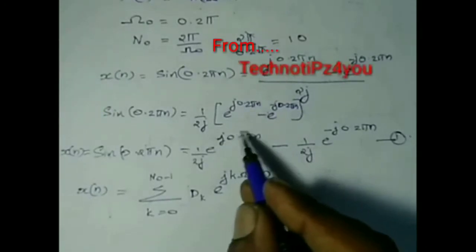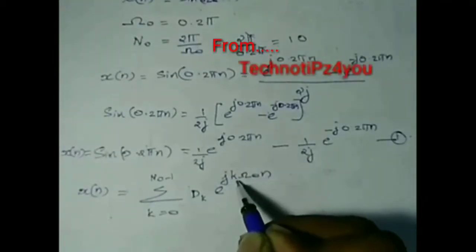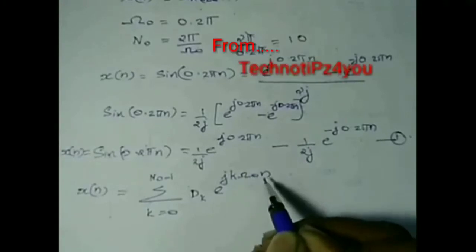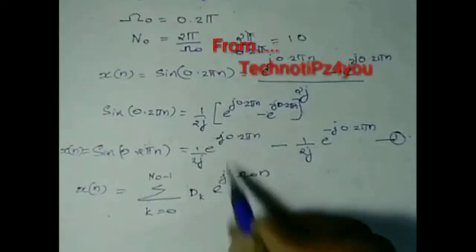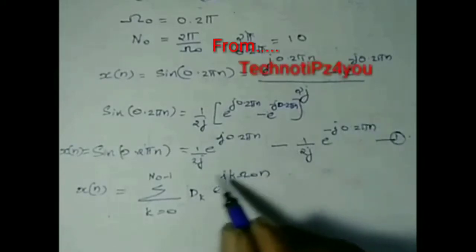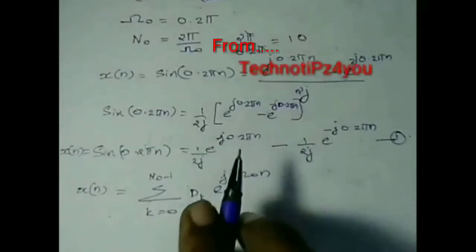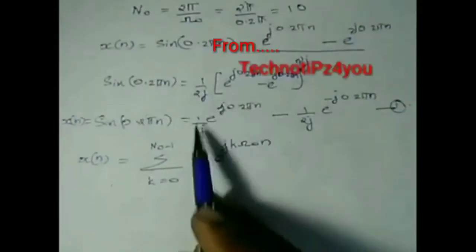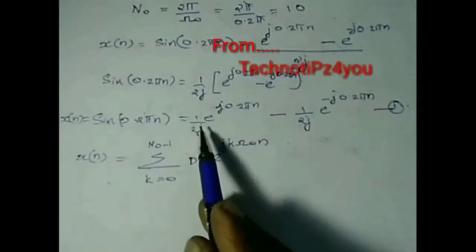If we equate the exponent terms, we will get the equation for k, because we know omega 0 and k is the unknown. Similarly, we have to compare the second term also with this equation, and then we will get another value for k. So naturally, dk may be equal to 1 by 2j.